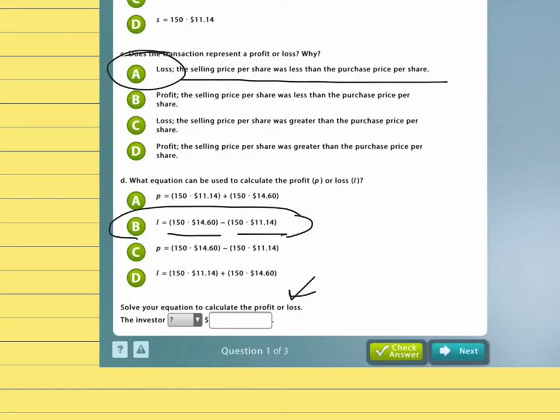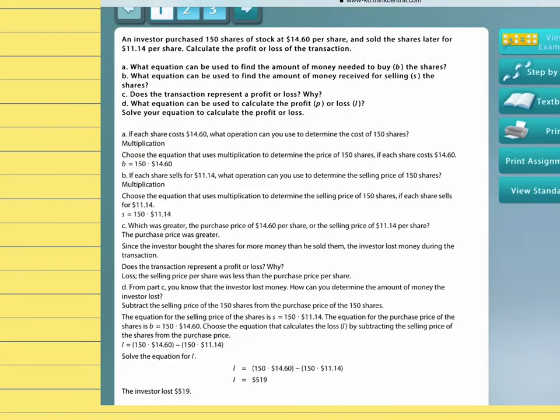So do 150 times $14.60 and subtract 150 times $11.14, and we'll look at the Think Central answer on this. So as explained earlier, he's definitely going to make a loss, so you can see right there. This goes over each of the possibilities.